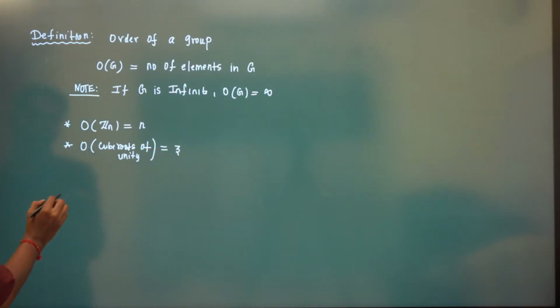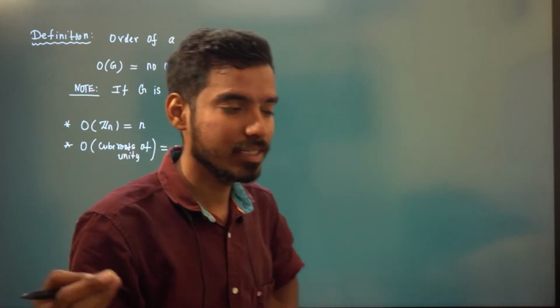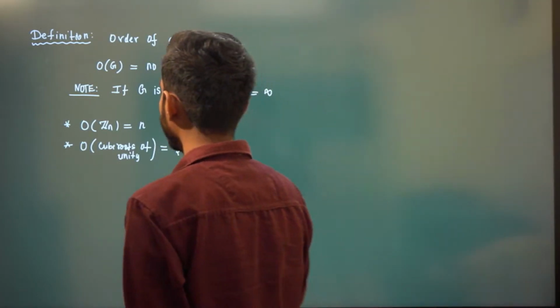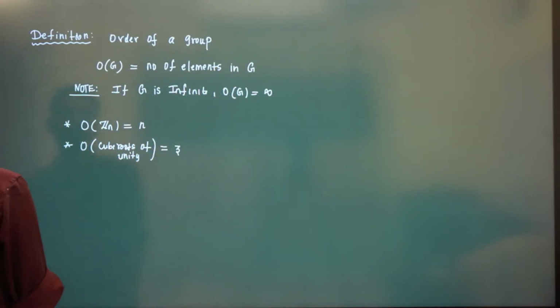Order of nth roots of unity will be n. Number of elements in the set, if it is finite only we can talk about the order of a group. If G is infinite, order of G is infinite. Okay.